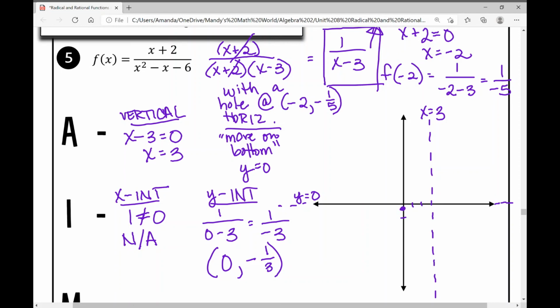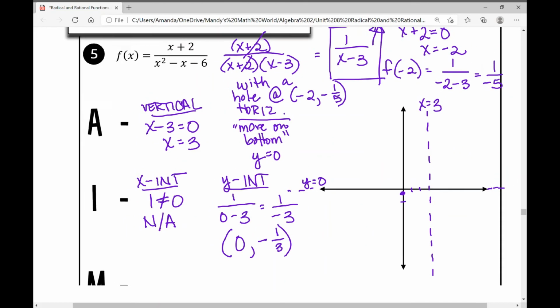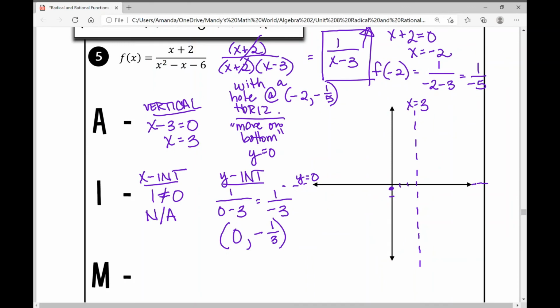So I've got my two asymptotes here, and you can determine, is there any multiplicity? There is not. There aren't any of those special squared terms. So I know that part of the function is going to be in this lower left quadrant, and it's going to look something like this. But what you have to be careful about is that at negative 2, you're actually going to have a hole right there.